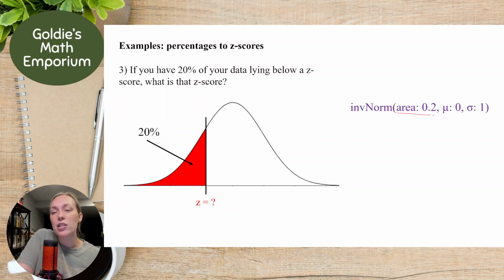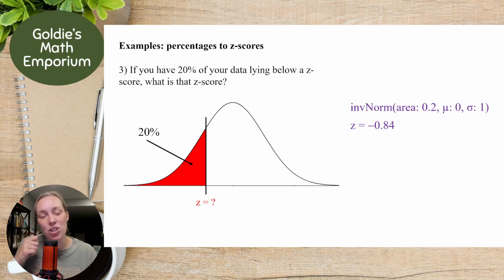Area to the left is going to be 0.2, mean 0, standard deviation 1. Put those values in your calculator, and that beautiful thing is going to give you your z-score. Not much you have to do besides knowing how to use your calculator. Okay? And keeping your head straight. Keep your head on straight. Know what you're trying to find.